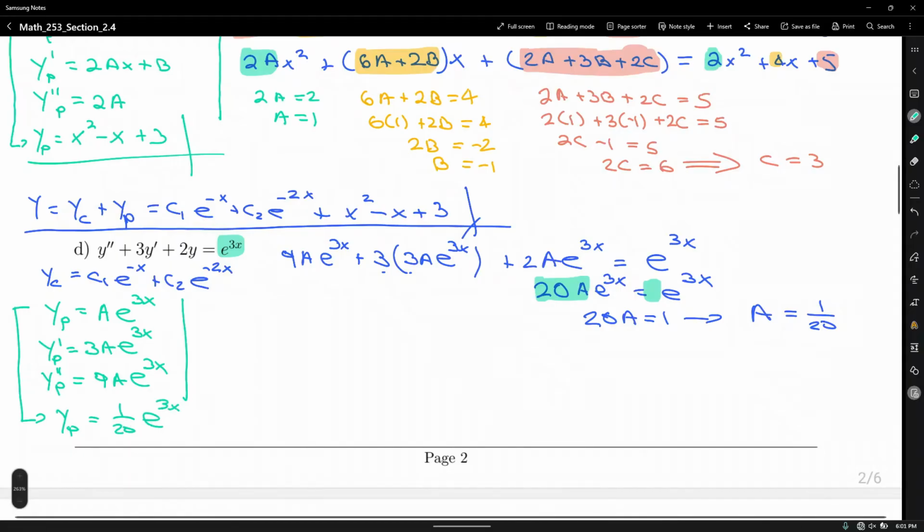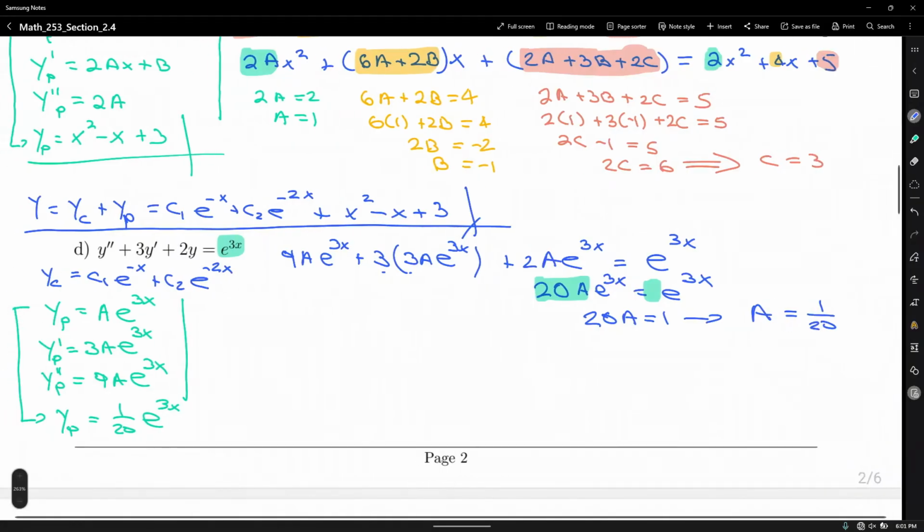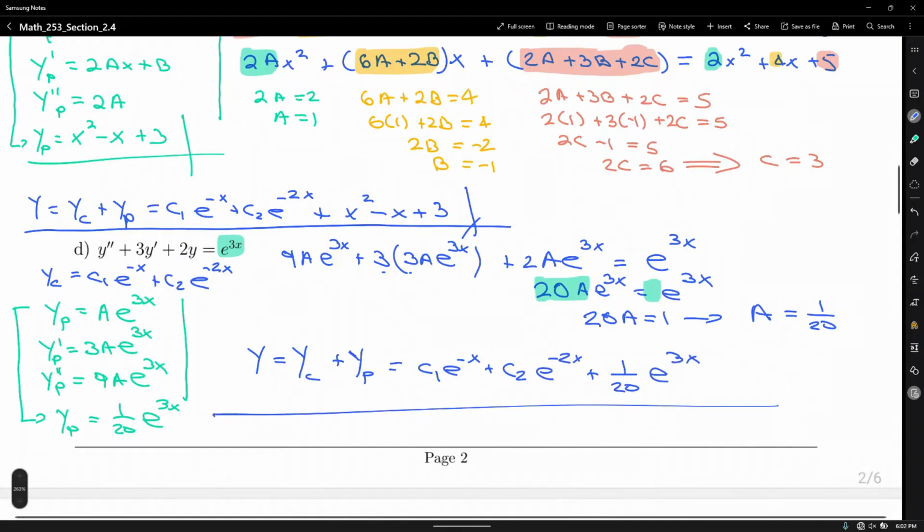And at this point, guys, we may go ahead and write the general solution to the differential equation, comprised by a combination of the solution to a homogeneous equation, denoted y sub c, plus another function for a particular solution related to the forcing function, y sub p, which is c1 e to the negative x plus c2 e to the negative 2x plus 1 over 20 e to the 3x.